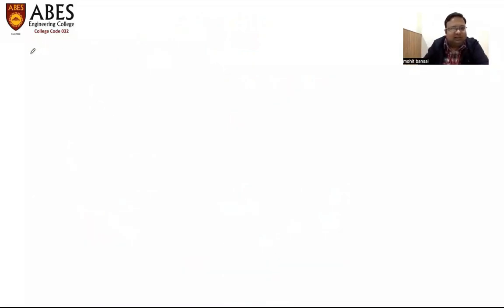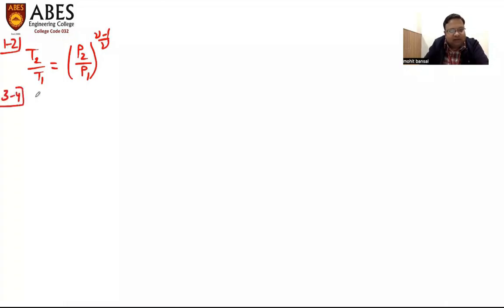Now we will find out T2. We know that in the process of 1 to 2, T2 by T1 is equal to P2 by P1 raised to power gamma minus 1 by gamma. Likewise, in the process of 3 to 4, we can write T3 by T4 is equal to P3 by P4 raised to power gamma minus 1 by gamma.